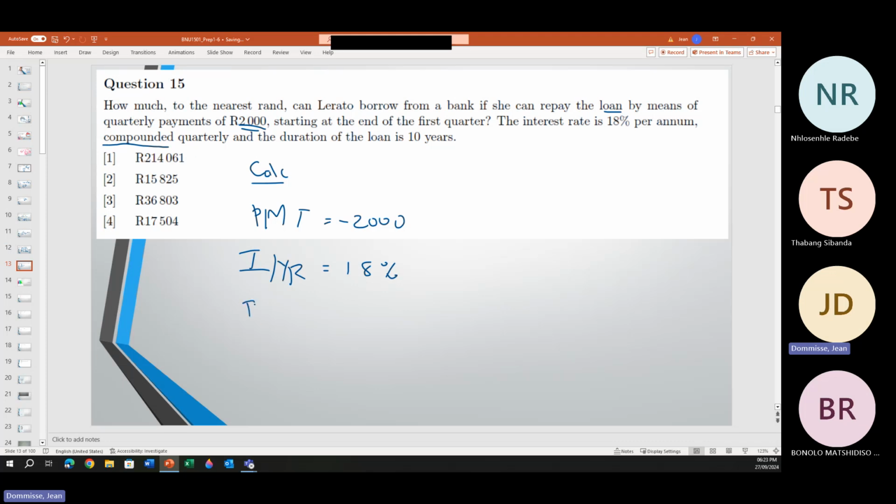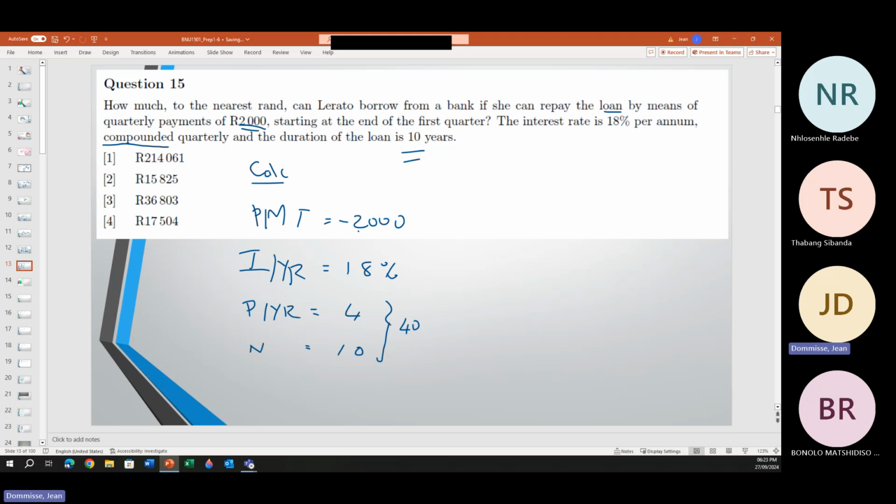So quarterly again is 4 times. So how many times per year? It's 4 times. The loan is for 10 years, so that will be 40 payments of 2,000.